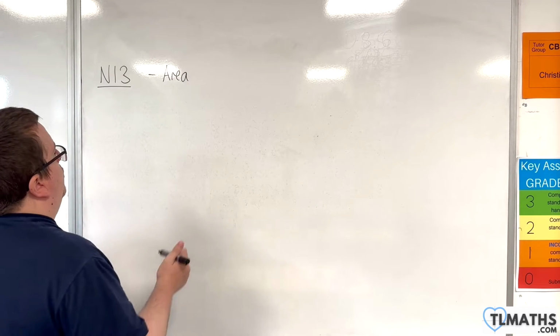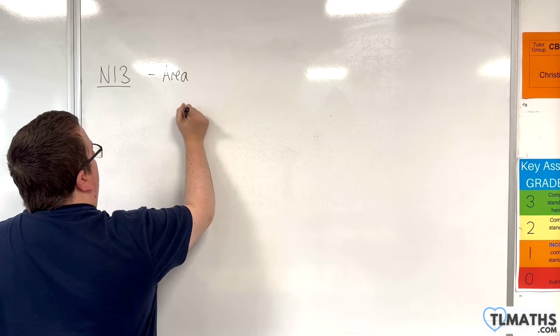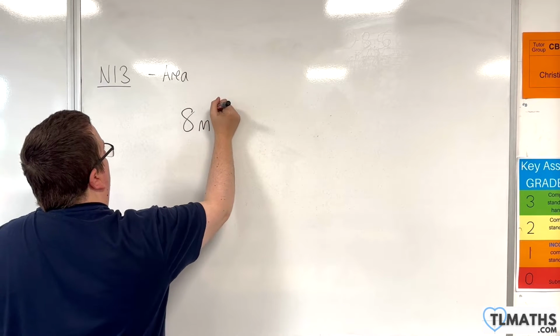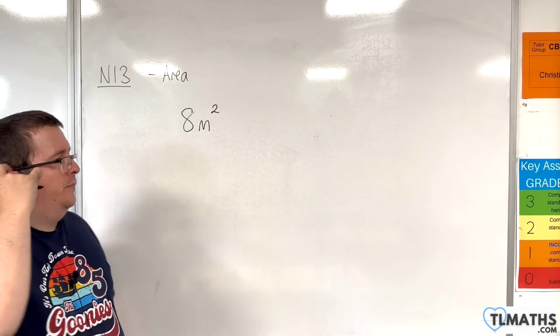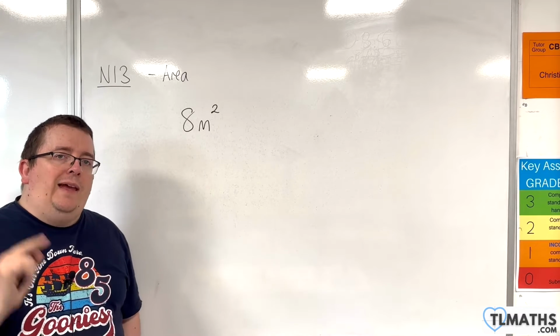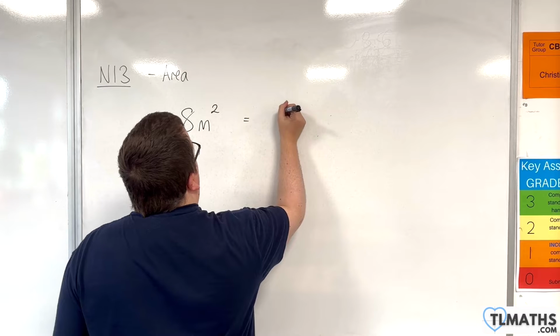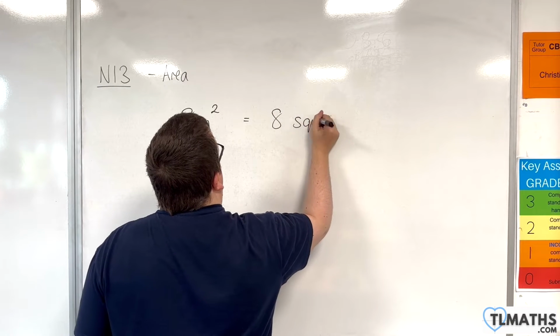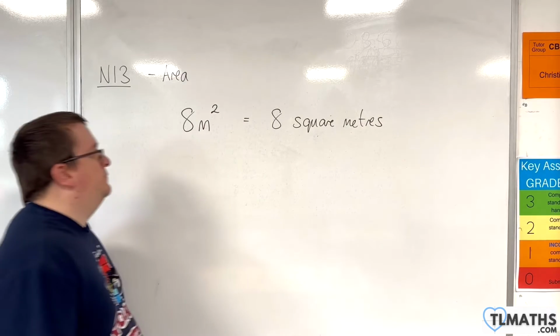So when I write, let's say, 8m with a squared symbol, the way that we say that is 8 square meters. So this is 8 square meters.